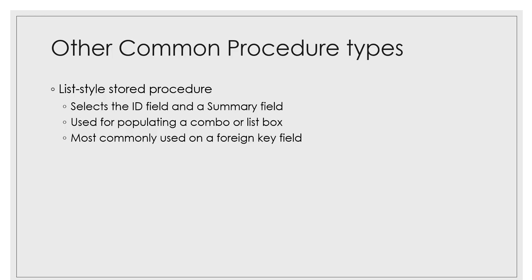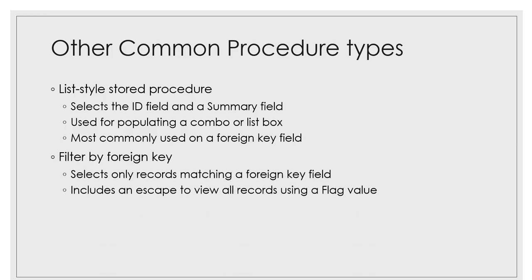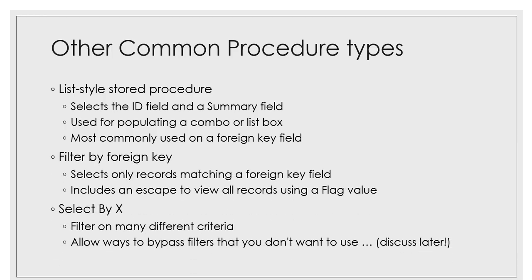Now, just to quickly mention a couple more things, we're almost done the PowerPoint. Other common procedure types are the list style stored procedure I talked about earlier, where we just return two things: the information to show in the drop-down list and then the internal value for each one of those, usually the primary key value. And our filter by foreign keys, and our select by many criteria, which is basically the same as what we looked at for the foreign key, just that we have multiple parameters.